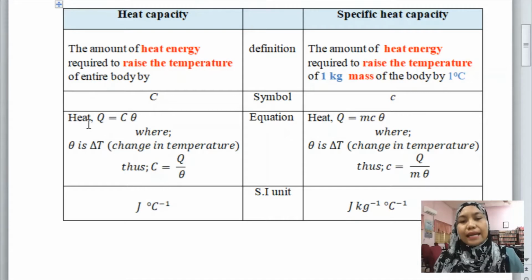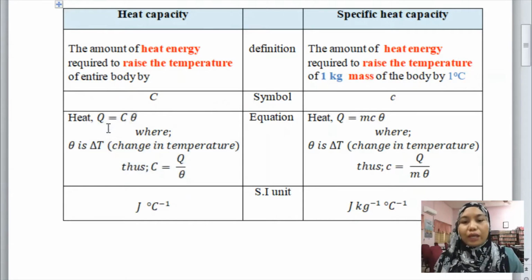The heat energy for heat capacity is Q equals heat capacity times theta, where theta is the change in temperature. Thus, we rearrange the equation: heat capacity equals energy Q over change in temperature.